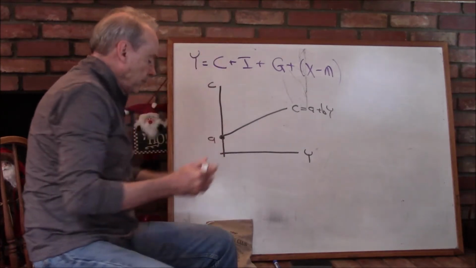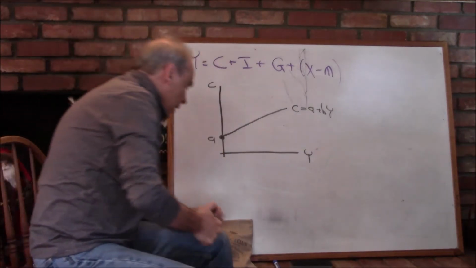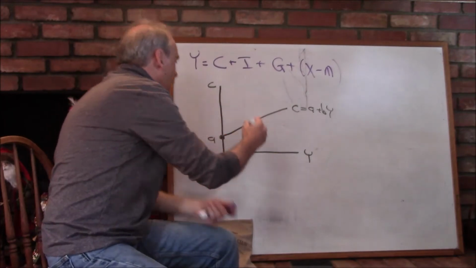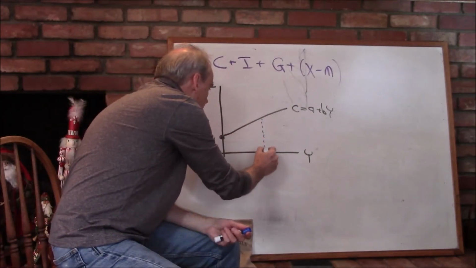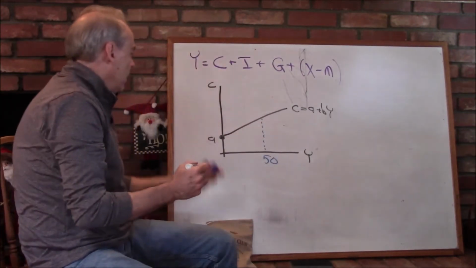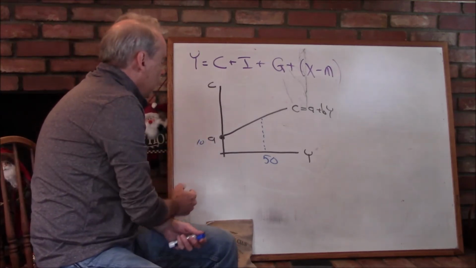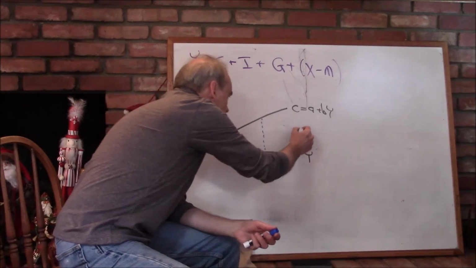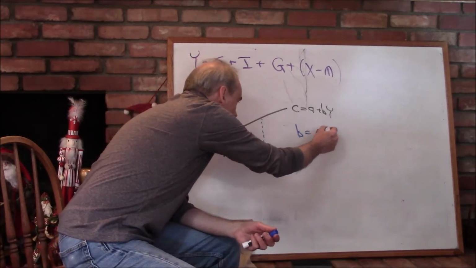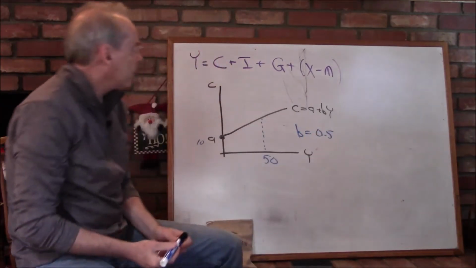Okay. Let's say we have this level of income right here. Let's call it 50. And let's say that A is 10, and we're going to let B be equal to, I don't know, 0.5. All right.